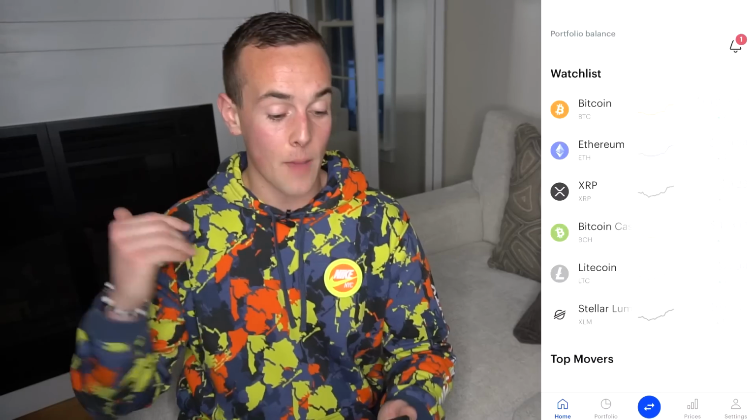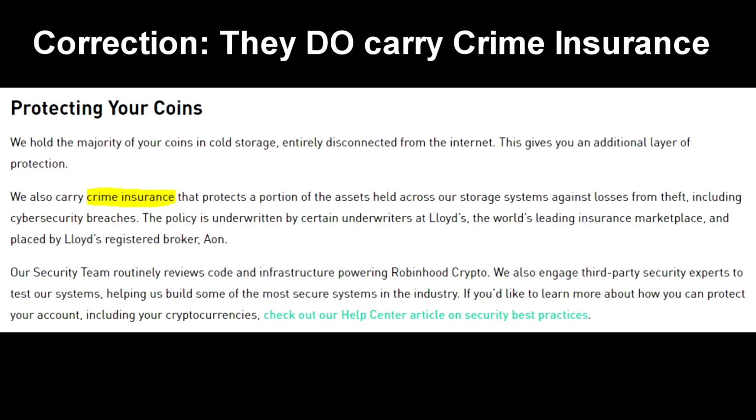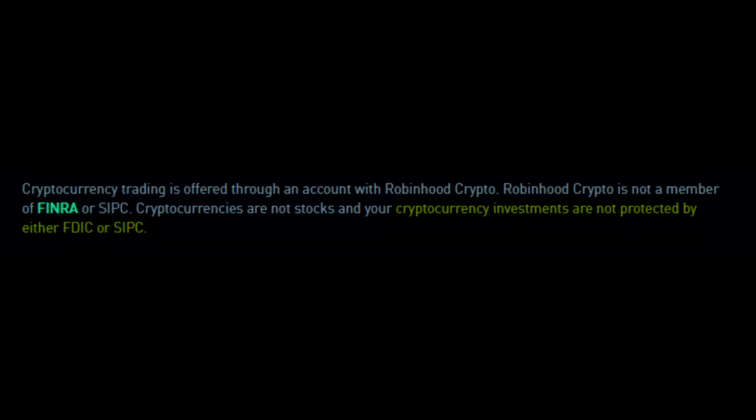And if there's anything we have learned in the past couple of years about cryptocurrency, it's that you do not want to store it in the exchange. It's also important to know here that Robinhood does not offer any kind of insurance if your cryptocurrency was stolen. So if you had a bunch of cryptocurrency in Robinhood and that cryptocurrency was stolen, you're out of luck. There's no insurance in place because SIPC does not insure cryptocurrency.